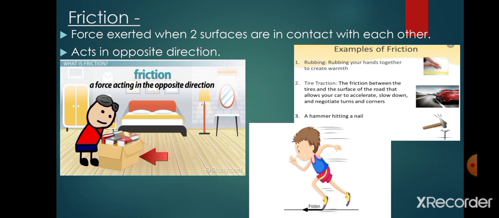We need this force of friction in our actions too, such as walking, running, playing. If there was no friction, we would not be able to walk, play, run, or do any such activities. Anything that started to move would never stop without friction.